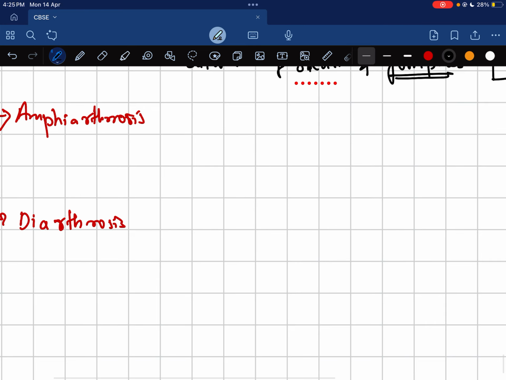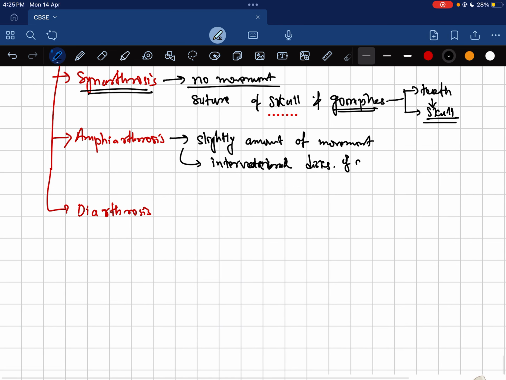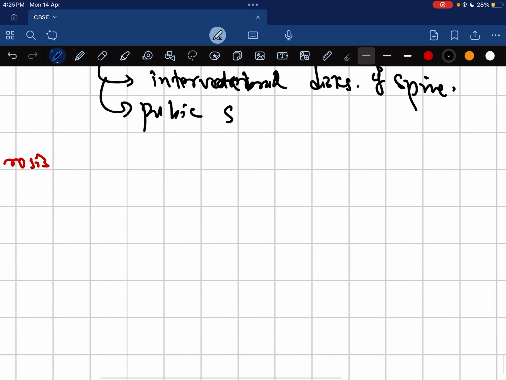And there is amphiarthrosis, which allows a slight amount of movement, like the intervertebral disc movement of the spine and the pubic symphysis of the hip.